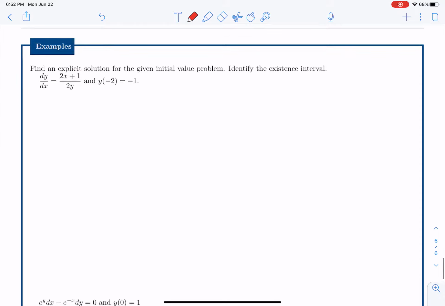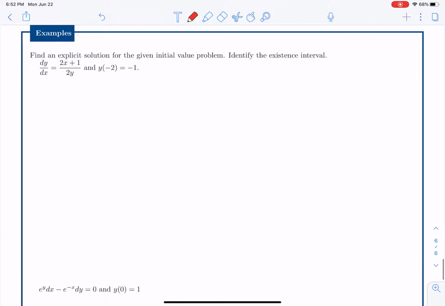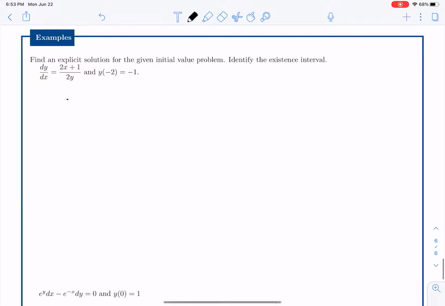So we want to find an explicit solution for the initial value problem and identify the existence interval. So the first step is to group all the x and y terms together. So 2y multiplied by 2y on both sides. Now multiply by dx on both sides. We'll get that.